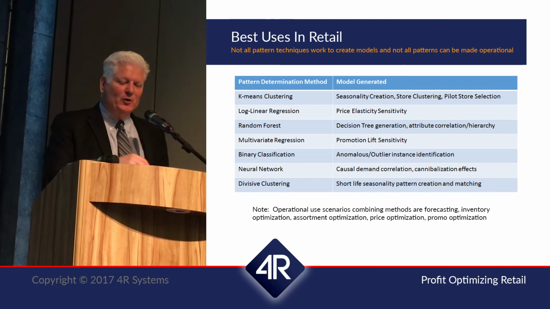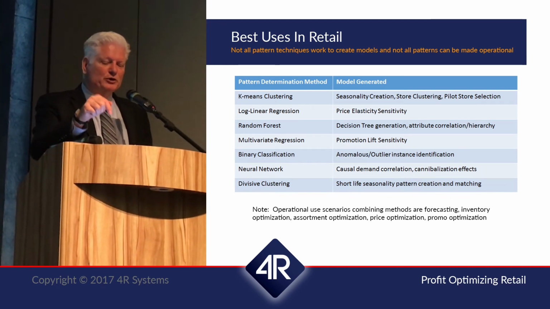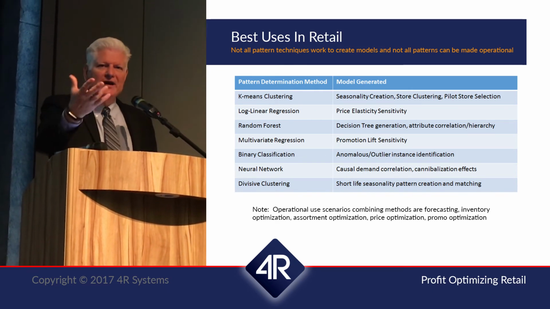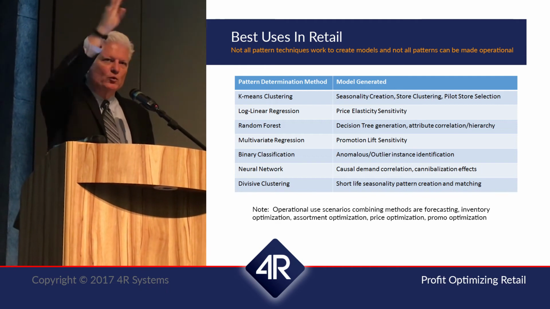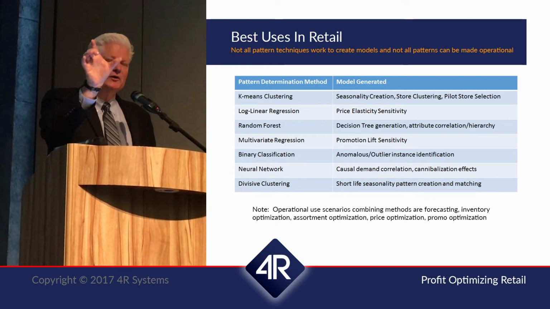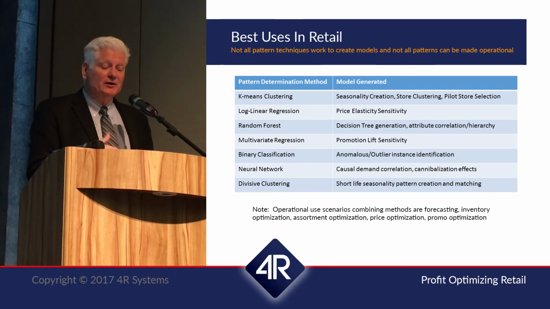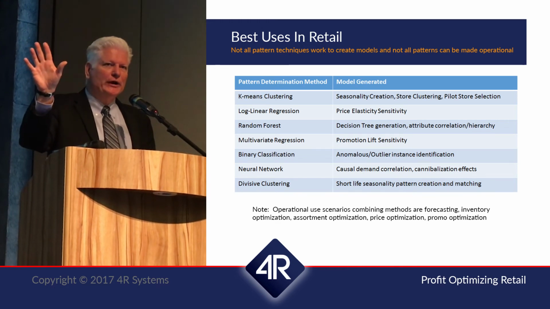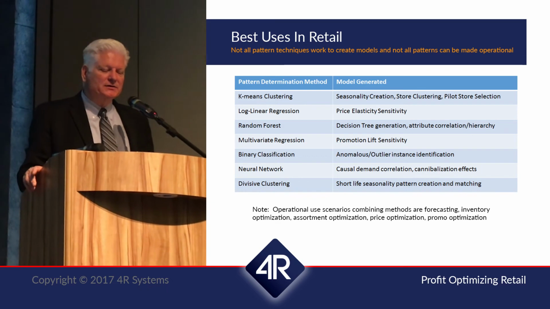A quick example, K-means clustering as a technique works particularly well at finding seasonality, looking at fashion goods, looking at the sales, and determining exactly what's the right seasonality profile and curve for each one of those. However, you wouldn't go down to the third technique, which is called random forest, and use it. It wouldn't give you good answers. So you have to know which technique is going to give you the best answer.